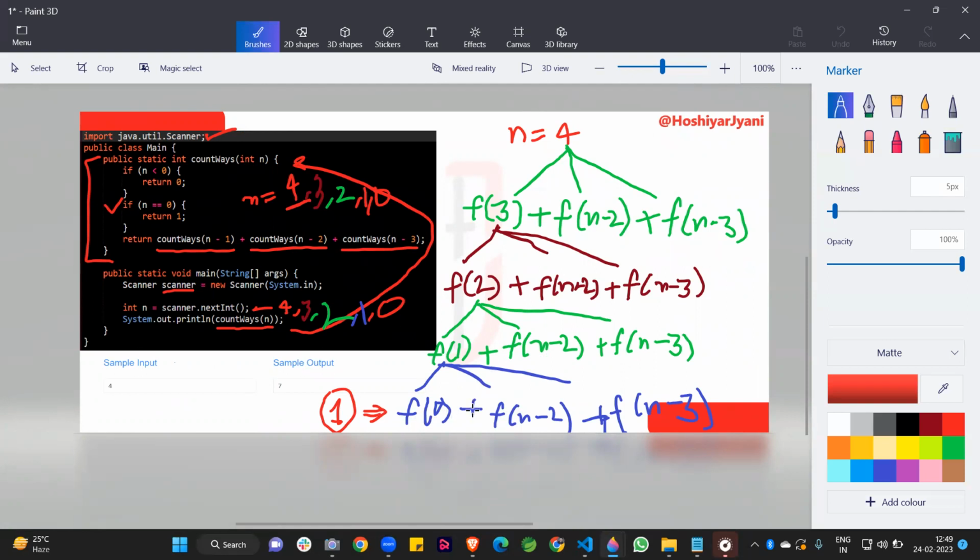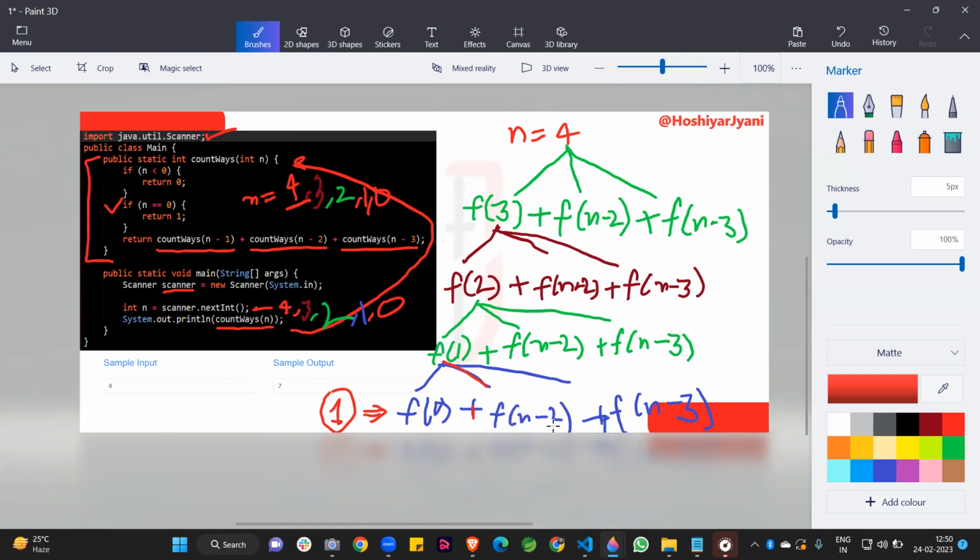After that, in the plus sign, you can see here f of n minus 2. So what is the value of n here? So we are taking the value of n from its parent. So what is the parent of n minus 2? This function, okay? Because the division into three parts comes from the upper one. So this is our parent.